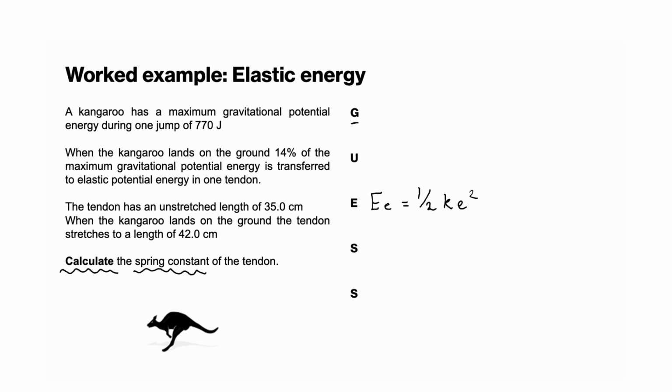We're given energy as being 770, but this is gravitational potential. But it does go on to say that 14% is transferred to elastic potential. So my EE will equal 770 times 0.14 to get that percentage.